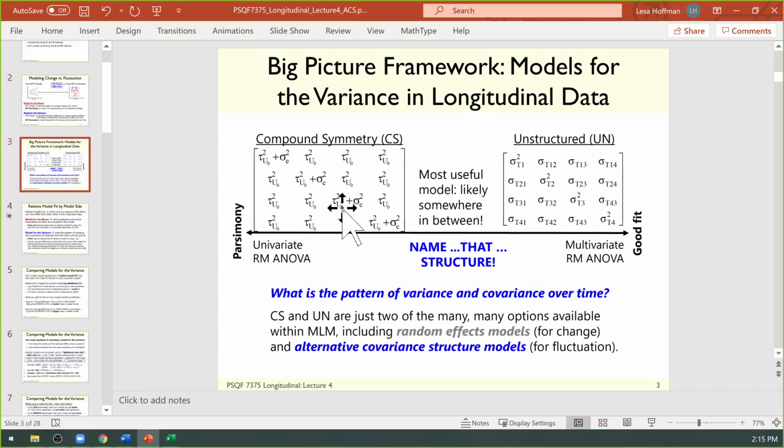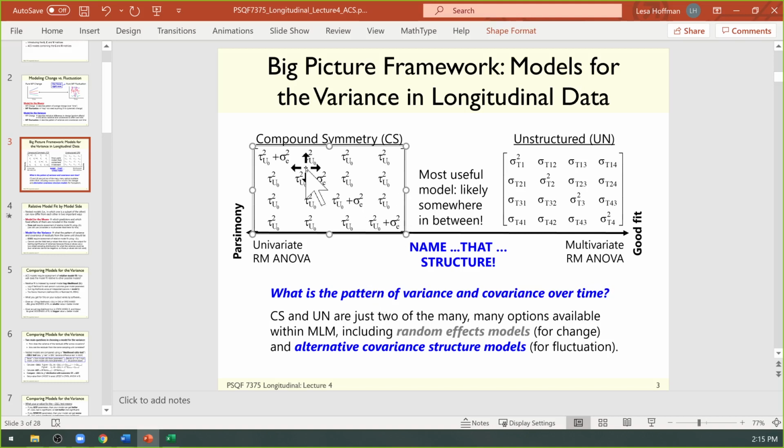So the simplest structure that would ever apply to longitudinal data would probably look like this, compound symmetry, where we would say that there is person intercept variance at level 2, within person fluctuation variance at level 1, and that those two things together are what make the total variability.